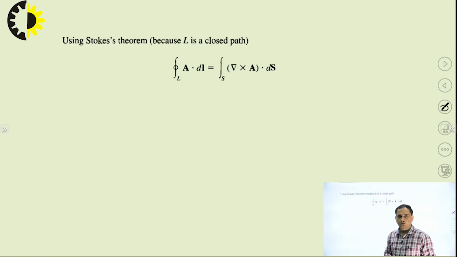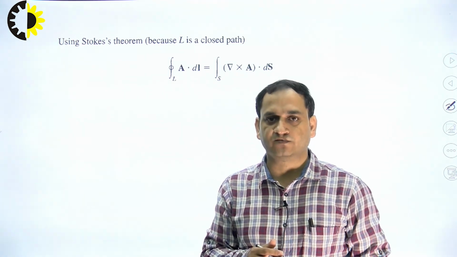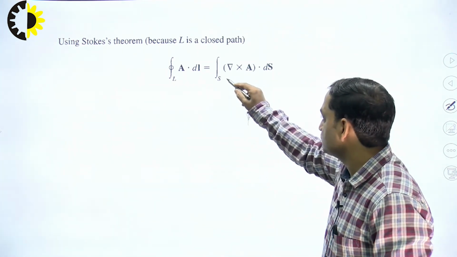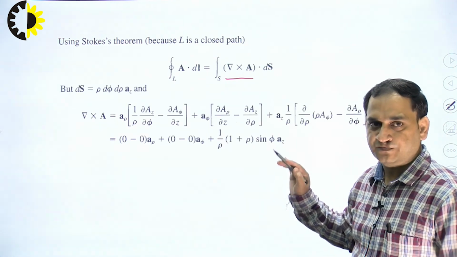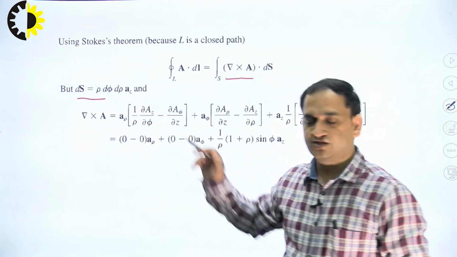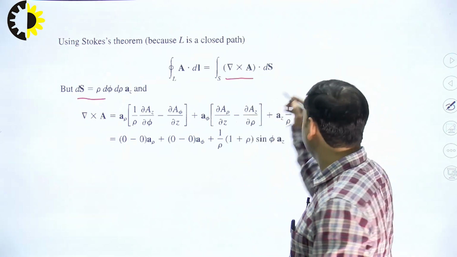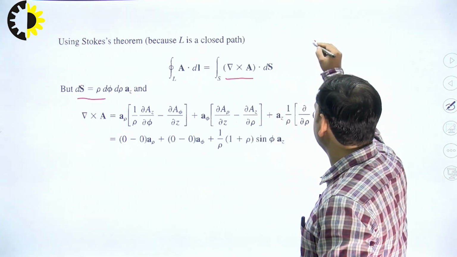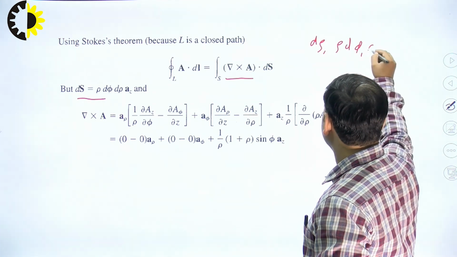Okay, so as we have discussed in the divergence theorem, to prove the divergence theorem we calculated the del dot A. Here in the Stokes theorem we will calculate the del cross A. For that, del cross A is very important to know, and for ds, as I said, there are 3 differential elements: d rho, rho d phi and dz.